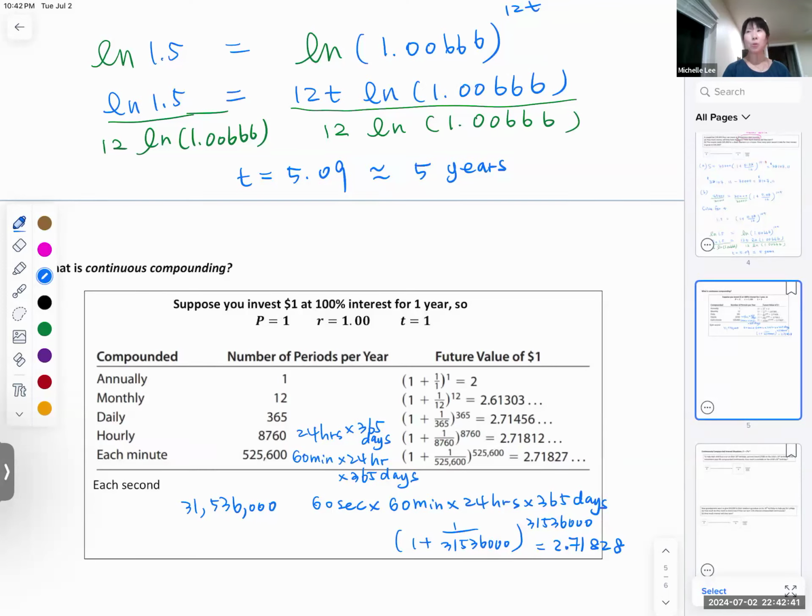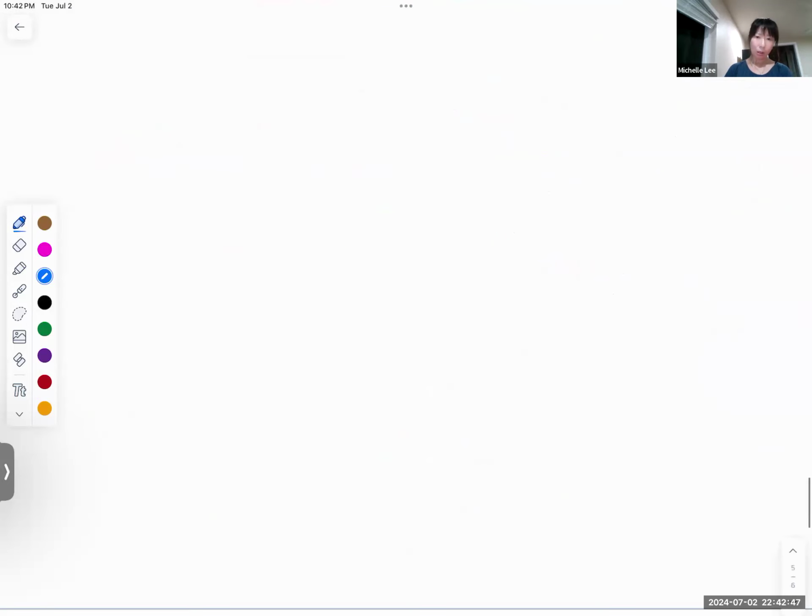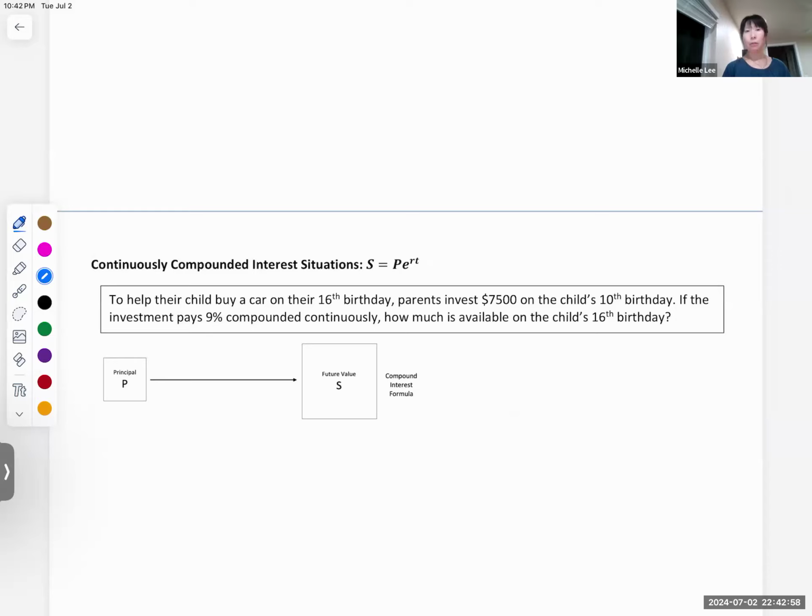Okay, we have 2 more examples here. So we did that earlier, compounding periodically, using the formula. This time we have interest compounded continuously. Okay, let's take a look.